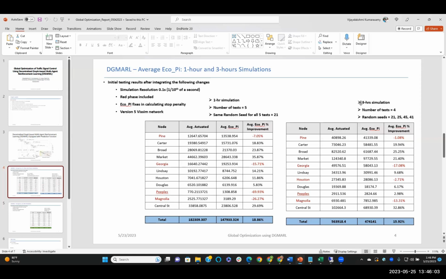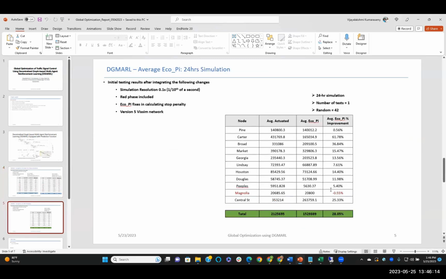In the whole PM peak, the 3-hour simulation, we observed around 15% to 16% improvement overall. And in the 24-hour test, we observed around 28.505% improvement. We are continuing to fine tune the model.